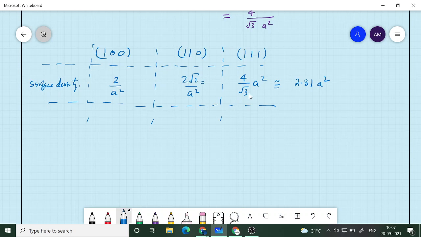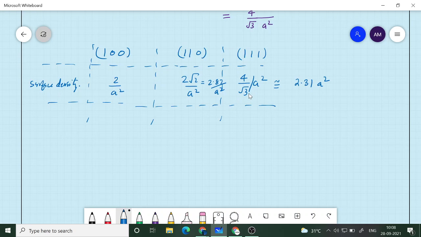Whereas this one, which is 2 into root 2, is 2.82. This will come in the denominator, so this will be 2.82 by a square, and this is 2 by a square. So what you can see is that compared to 110 and 111, you can see that 111 is better.